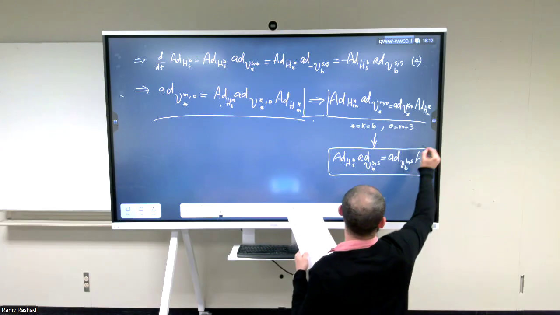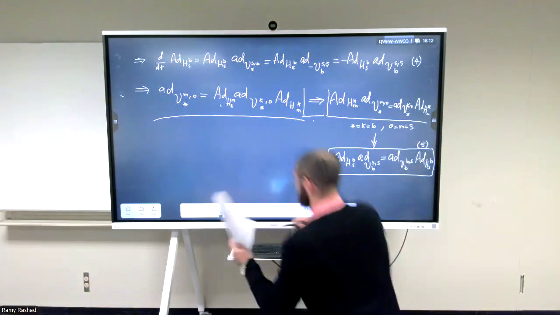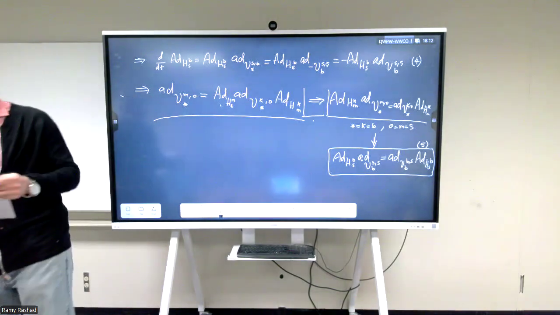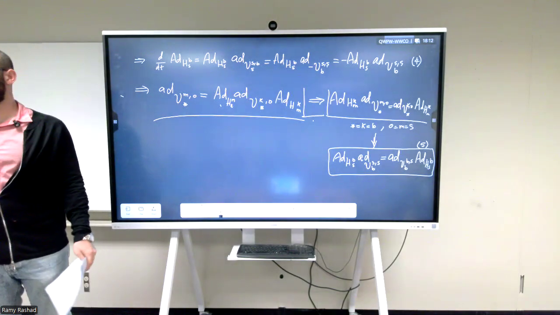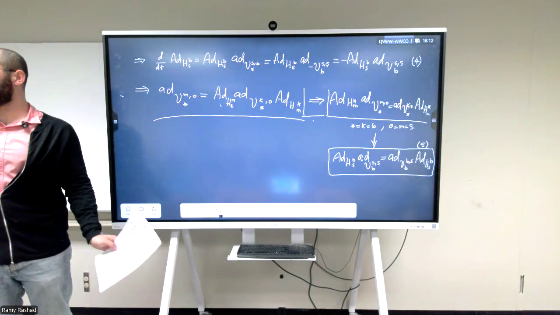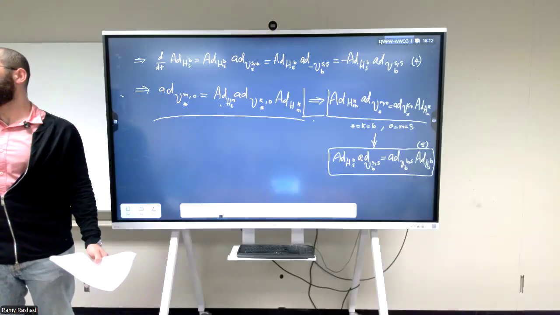And we're going to be calling this equation 5. Make sense? I wrote nothing new except just changing the name of the indices.